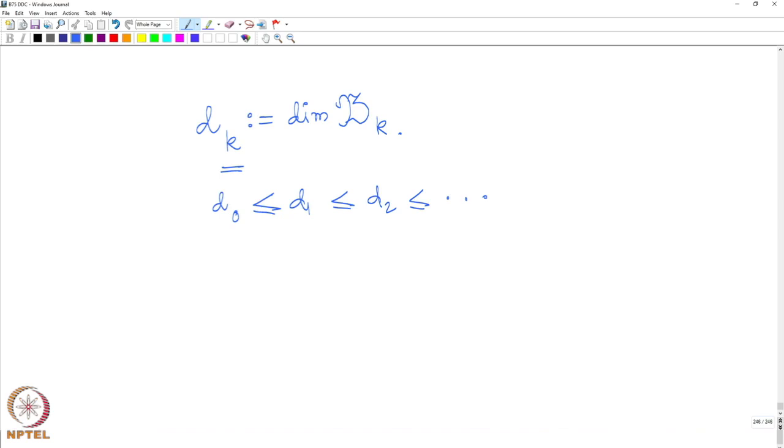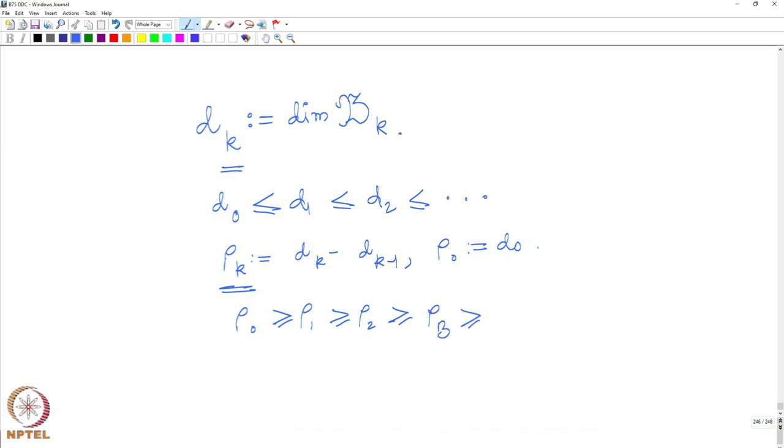But like before, I can define rho k to be equal to dk minus d(k-1), with rho 0 defined as d0, and in that case rho 0 will be bigger than or equal to rho 1, bigger than or equal to rho 2, bigger than or equal to rho 3, and so on.